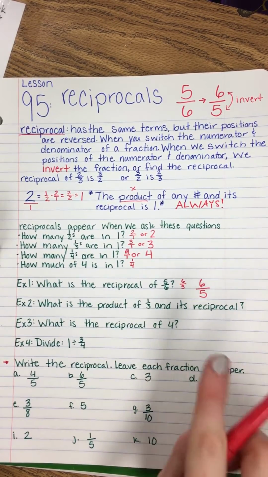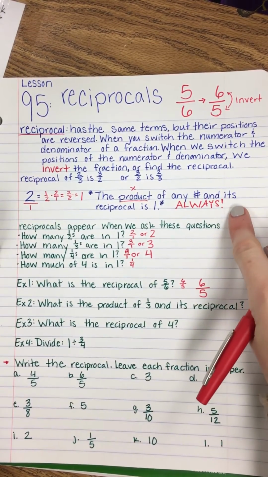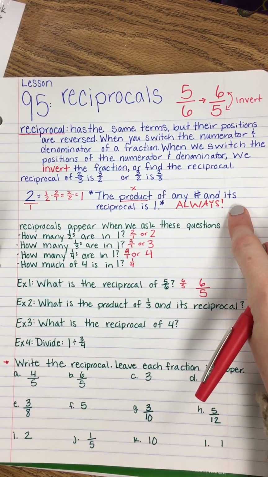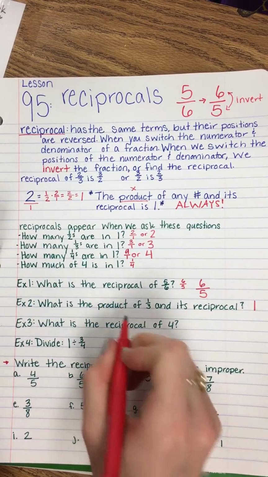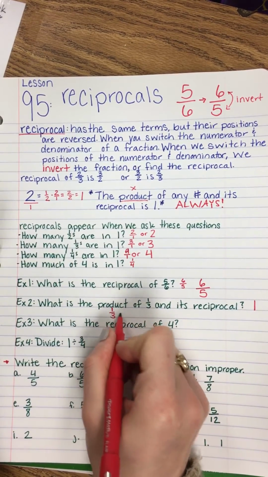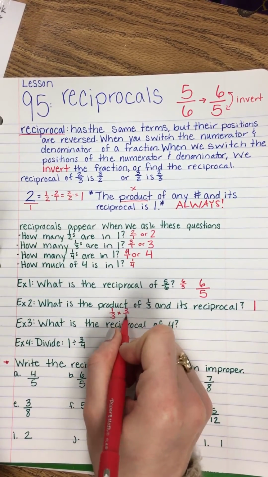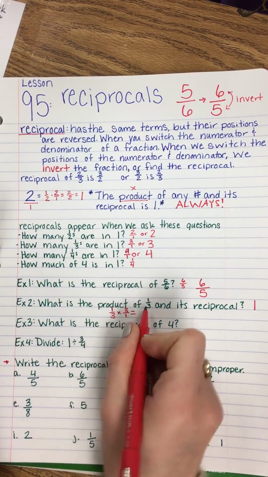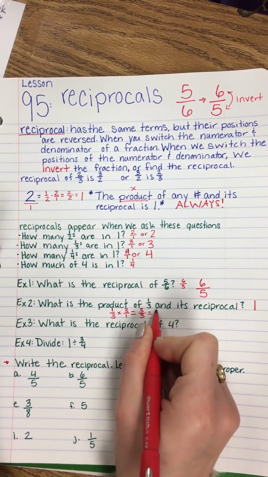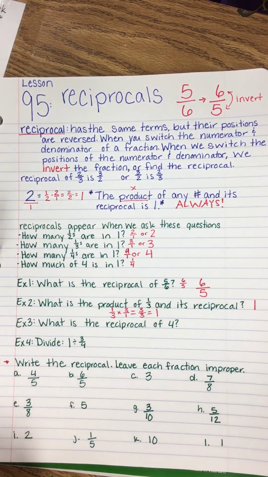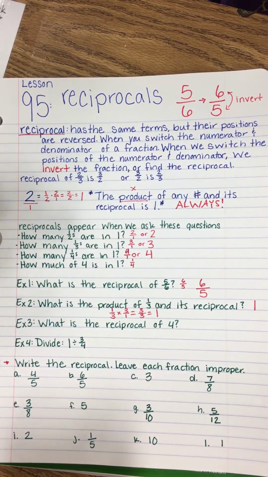Oh my goodness, I just memorized that. The product of any number and its reciprocal is always 1. So the product of 1/3 and its reciprocal is 1, because 1/3 times 3 over 1 equals 1 times 3 is 3, and 3 times 1 is 3, so that equals 3/3 equals 1. Yay, so easy.